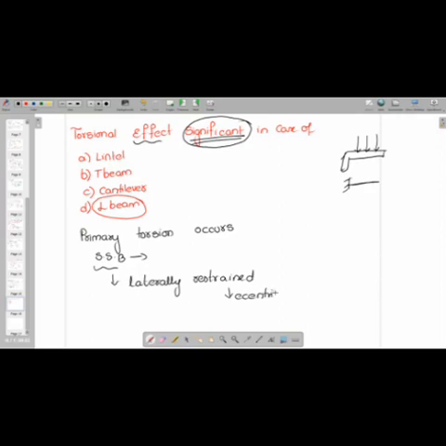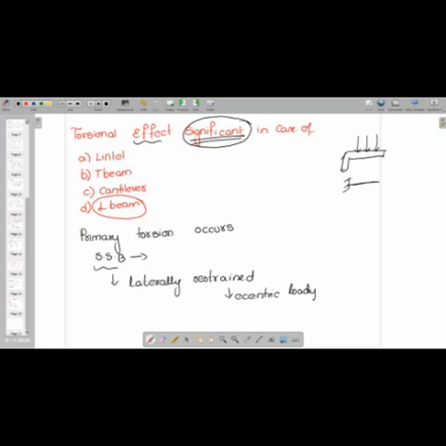Laterally restrained means it is not allowed to move.